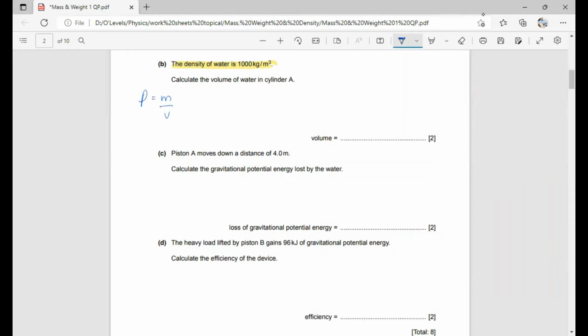If you want to calculate the volume, volume is equal to mass over density. Simply putting in all the values, mass is 8,000 divided by density 1000. The volume should be 8.0 meter cube. Remember the unit, please. The mass unit is kilogram and volume is meter cube.